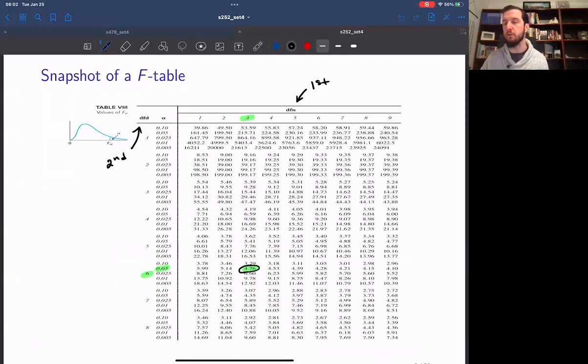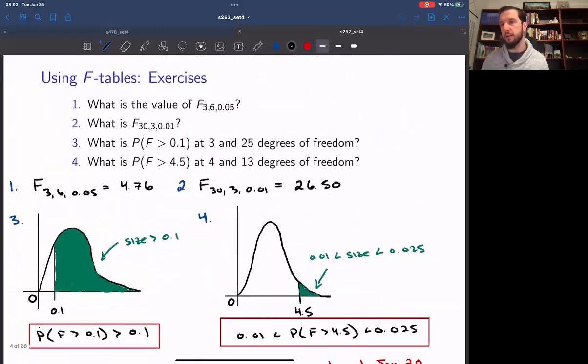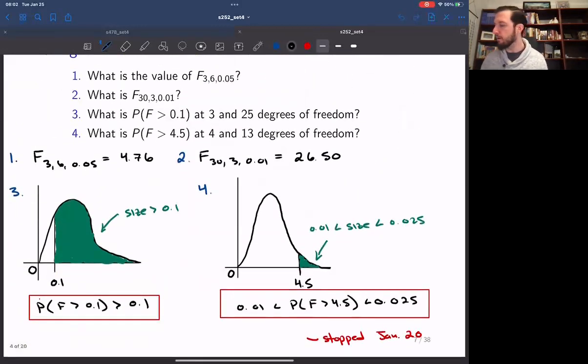So then you can find your critical value or your p-value. But once you have the 2 degrees of freedom located, it's exactly like a T table in that you either pick your significance level or you look for where your test statistic falls within the values on the table. So I'll show more examples of this once we get to the ANOVA illustrations, but we also, again, have the 4 examples that are shown on slide 7.